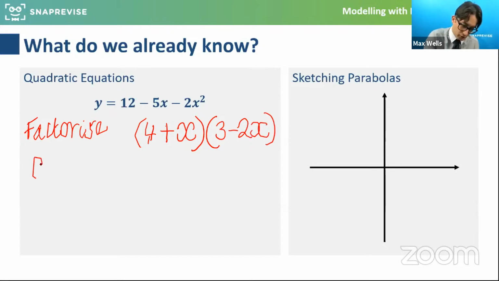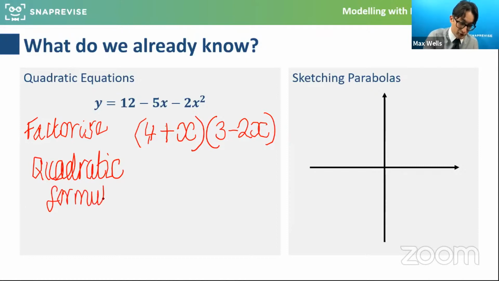You could also use the quadratic formula to solve it. And some of you with some of the calculators that are now allowed in the exams can literally type in the quadratic into the calculator and it solves it for you. You don't even need to use the quadratic formula for some of these calculators. So hopefully you guys are aware of that as well. That's really handy.